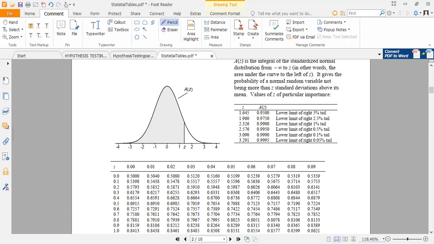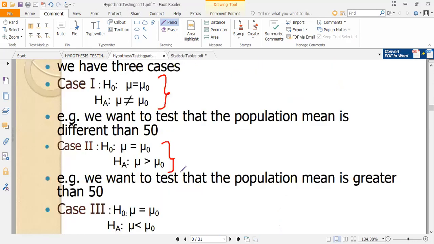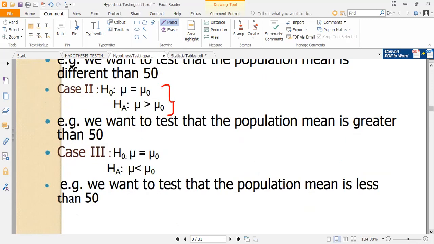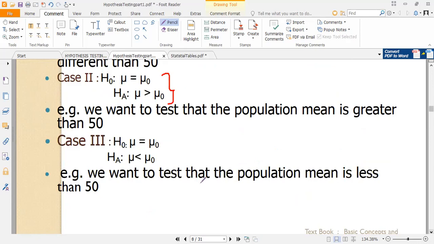All right, let's get back to our work. So I have taken you through how to identify a single-tailed test and how to identify a double-tailed test. If we want to test a population with a mean less than 50, so this sign is less, so meaning we're shading to the left side.